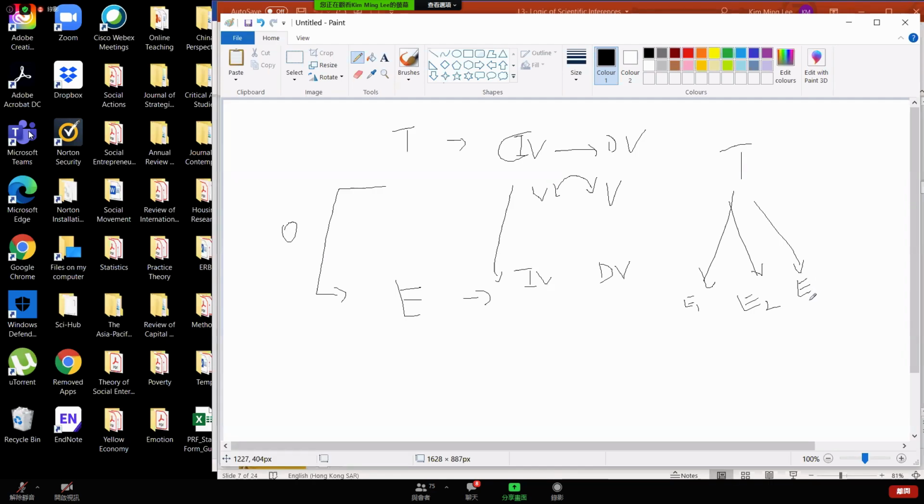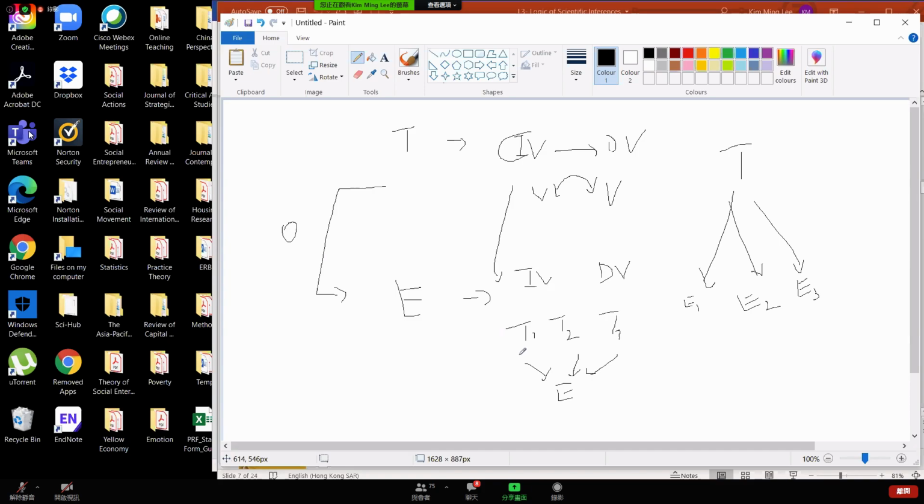By the same token, many theoretical statements may share the same empirical statement. Depending on how you operationalize them, an empirical statement can have several theoretical statements implying it. Okay, so this is how you do it.